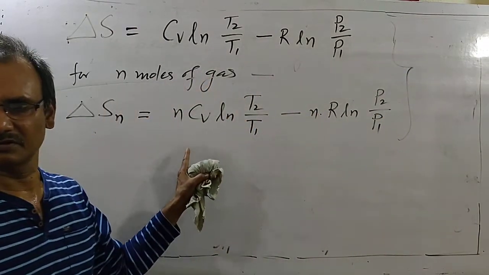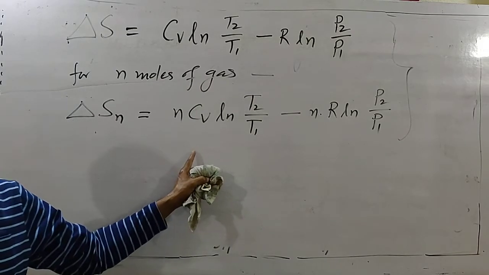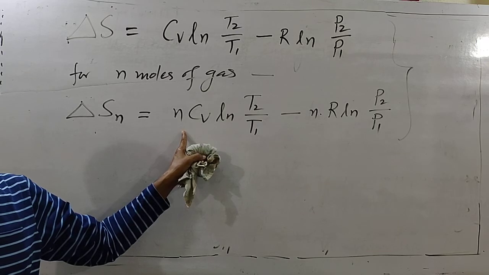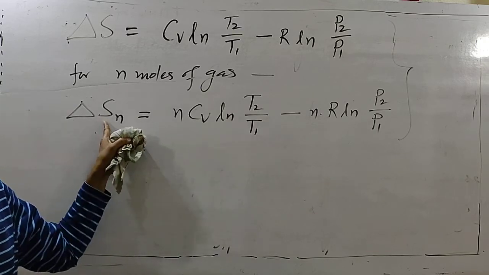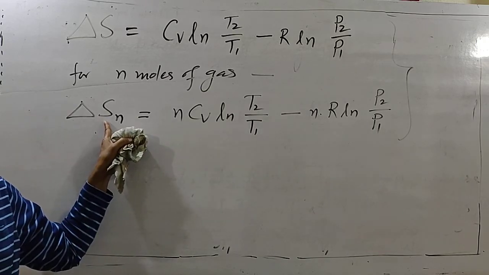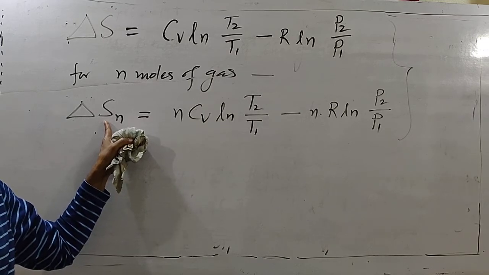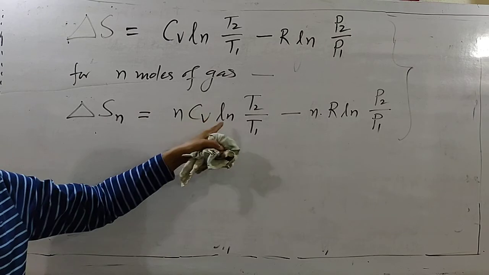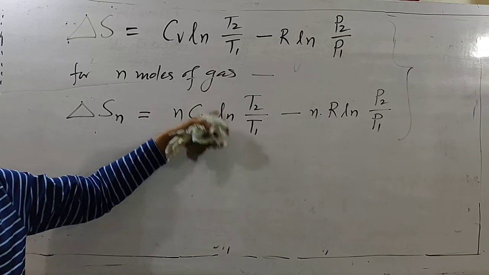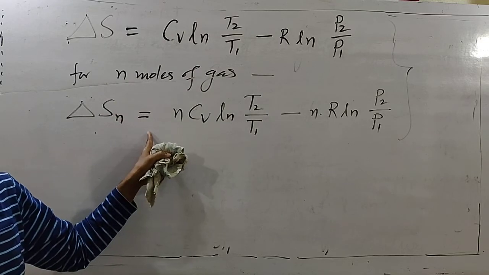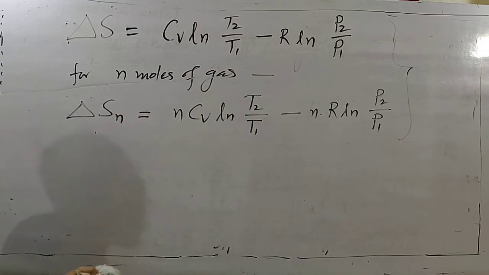These equations are the expression for change in entropy of an ideal gas with change in pressure and temperature, for 1 mole and for n moles.